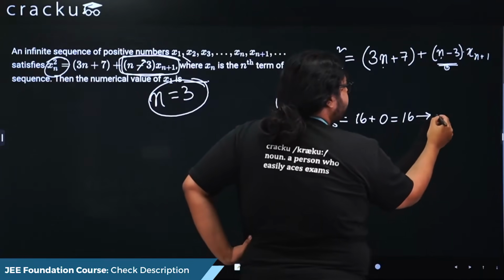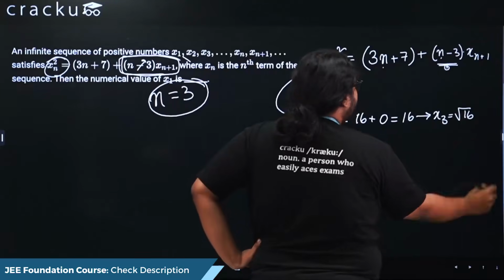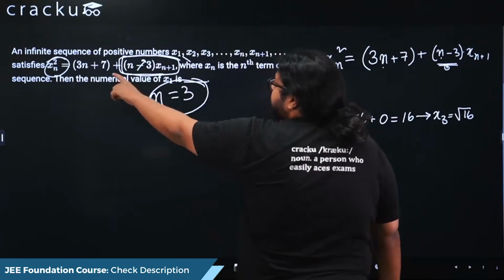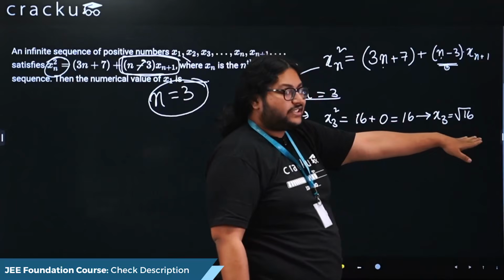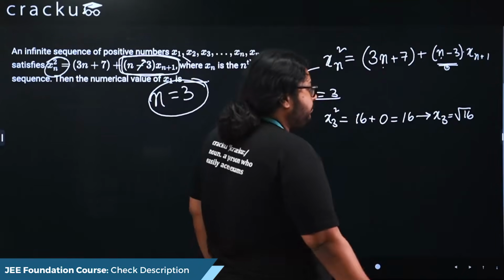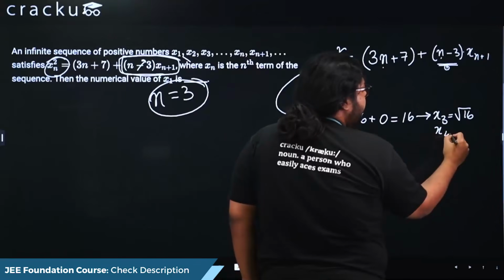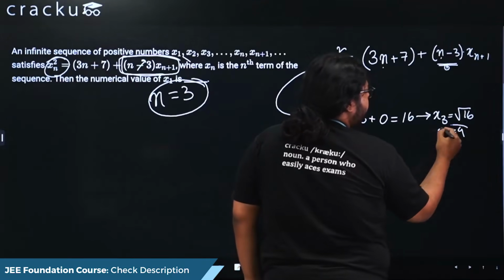So x3 is the square root of 16. Now this is a sequence of positive numbers, so x3 will not be plus minus 4, it will be only 4. So I have one definite value now, x3 is equal to 4.